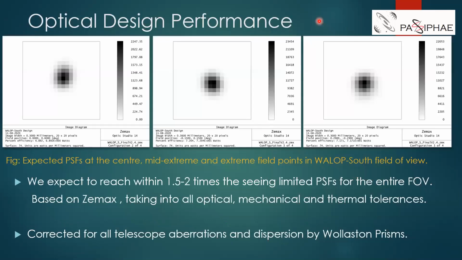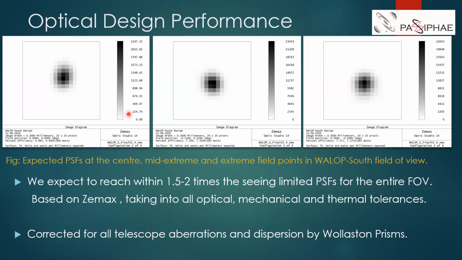And coming to the optical performance of the instrument, through our analysis in Zemax, taking into account all the optical, mechanical, as well as thermal tolerances, we expect to achieve within 1.5 times to 2 times the seeing limited PSF for the entire field of view.